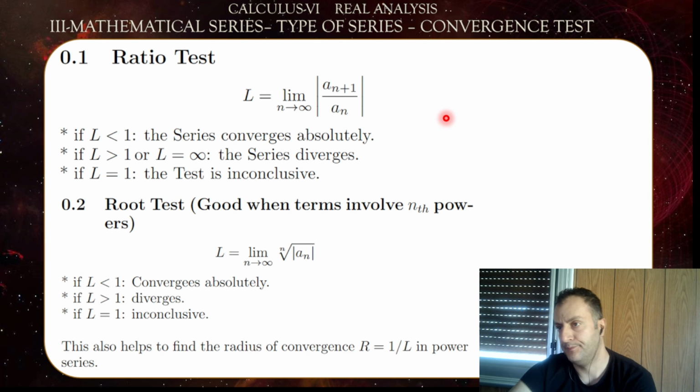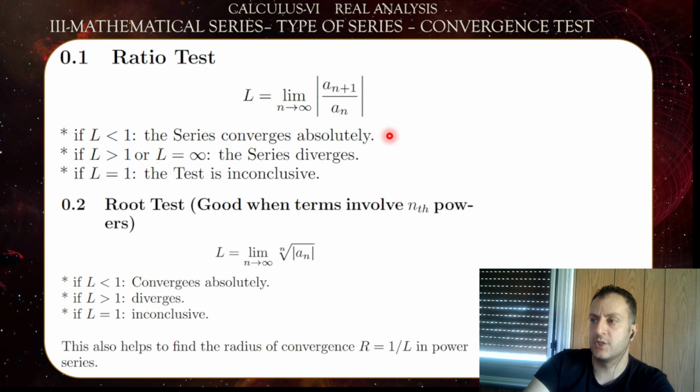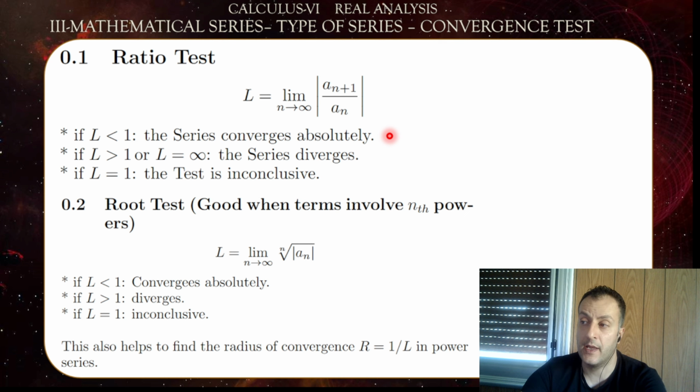Convergence tests. At first, we will start with the ratio test. So L is equal to the limit as n approaches infinity of the absolute value of a_(n+1) divided by a_n. Now, if L is less than 1, it means that the subsequent terms are decaying, are less than the previous terms. So the entire series is decreasing.